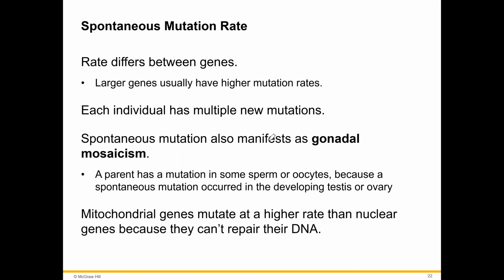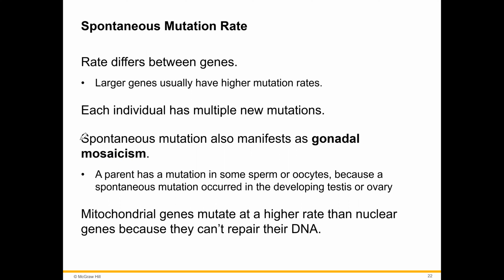Spontaneous mutation also manifests as gonadal mosaicism. Parent has a mutation in some sperm. That means that some of the sperm or oocytes carry mutations because of spontaneous process, and others might not, right?